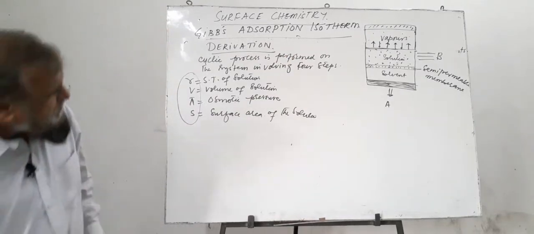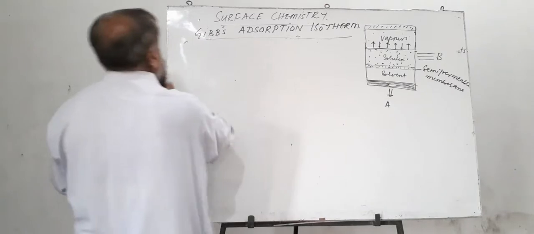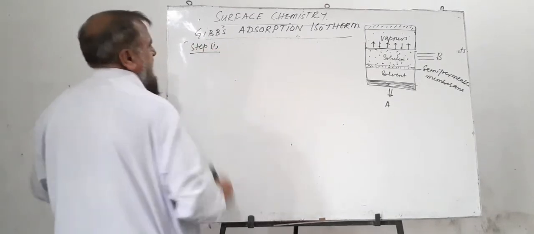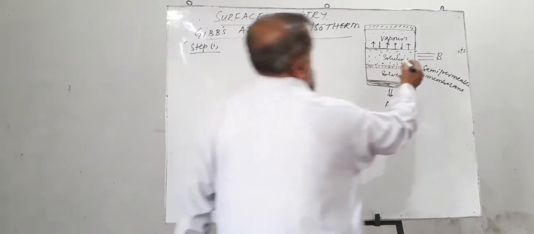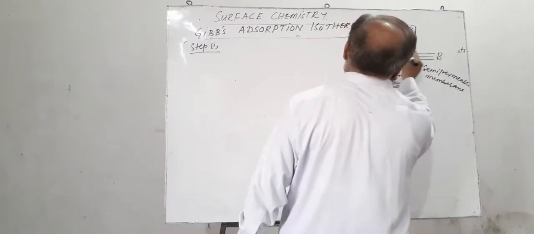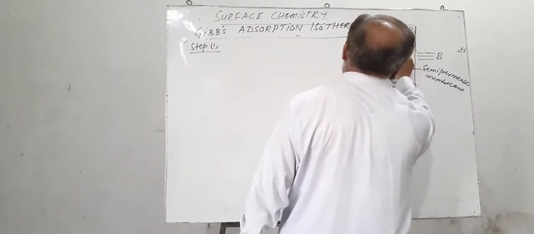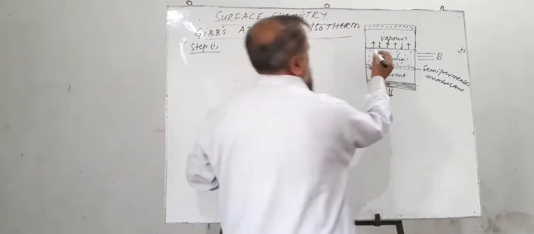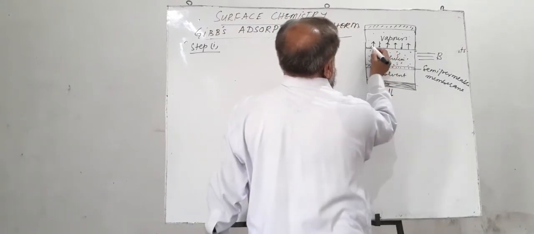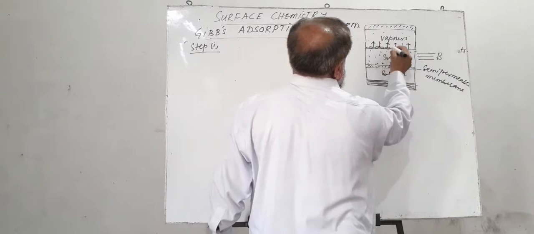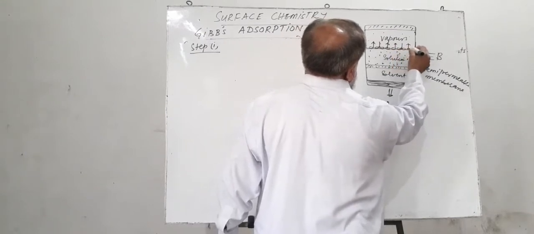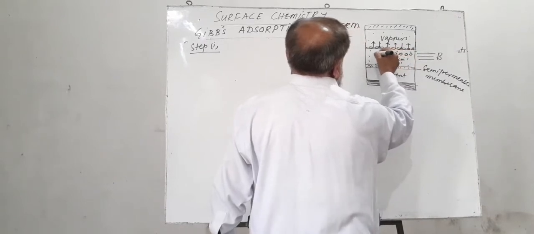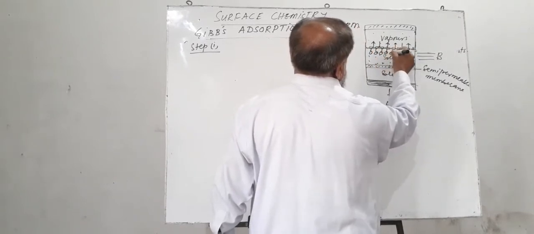The first step, step 1: we push the piston B outwards against the force of surface tension. We know that the surface molecules are attracted in the downward direction, and these downward forces are responsible for surface tension.